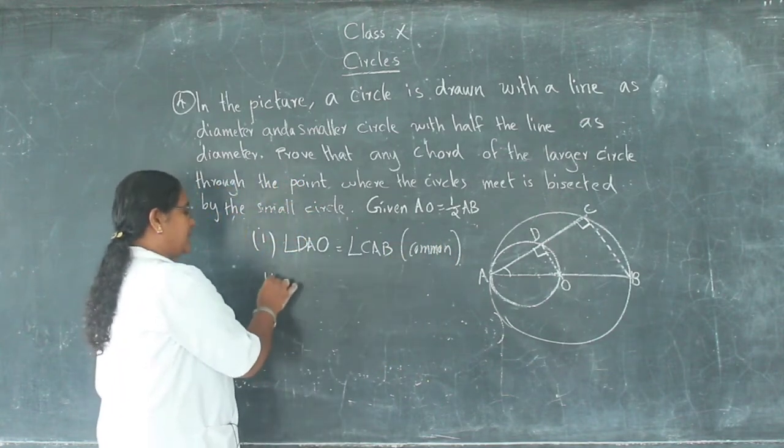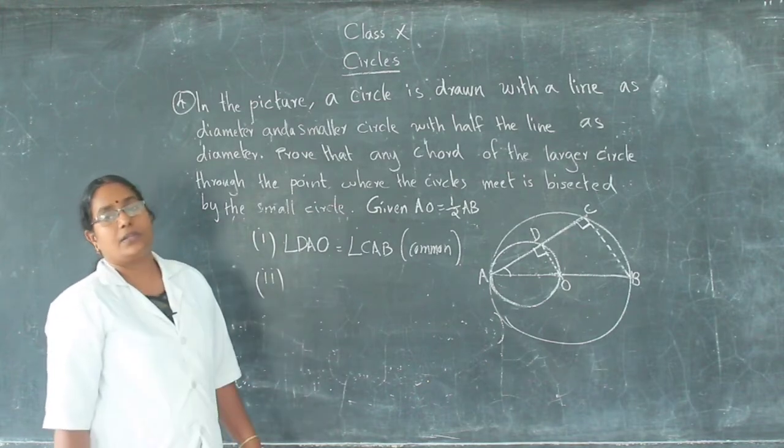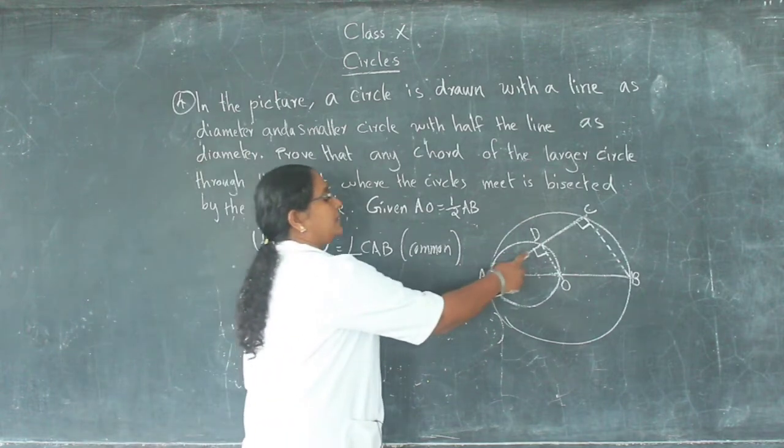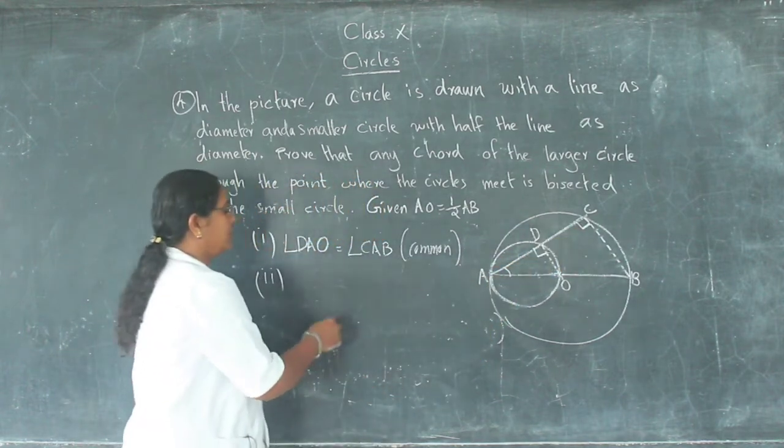Then the second condition: in the two triangles, one more angle is also equal. By construction, these two angles are also equal.